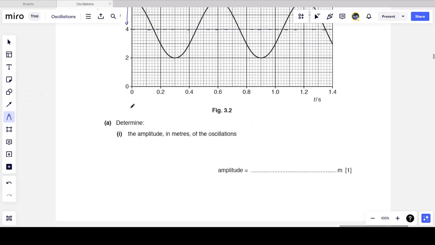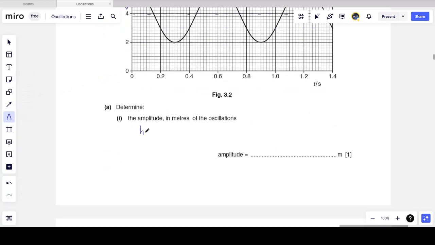So h naught is 6 minus 2 divided by 2, 4 divided by 2, which is 2 centimeters. To convert this to meters, this is 2 times 10 to the minus 2 meters, or again I can write this as 0.020 meters, to two significant figures.